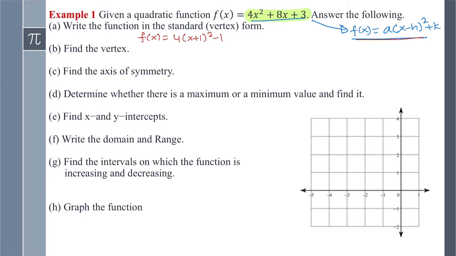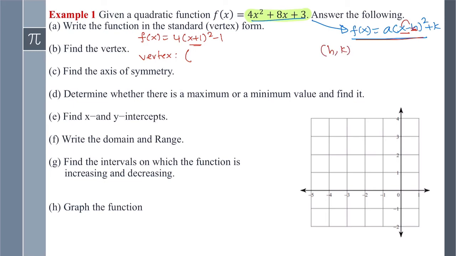One thing we have to be careful about is that we have x minus h in the standard form. So if you want, you can write x plus 1 squared as x minus negative 1, squared. But usually, when we write the vertex, we just write it this way. So the vertex is h comma k.